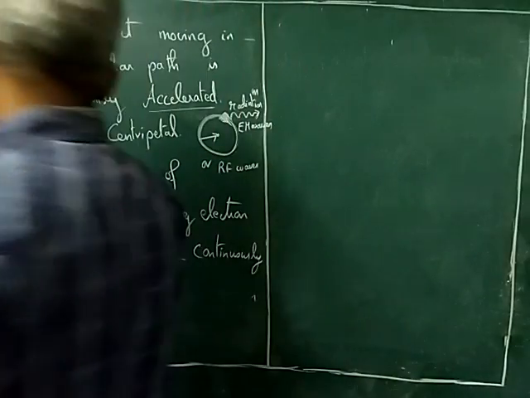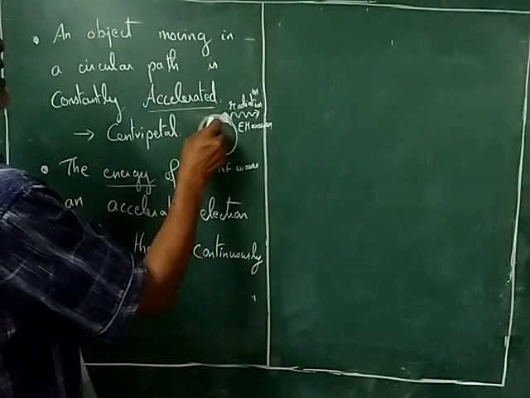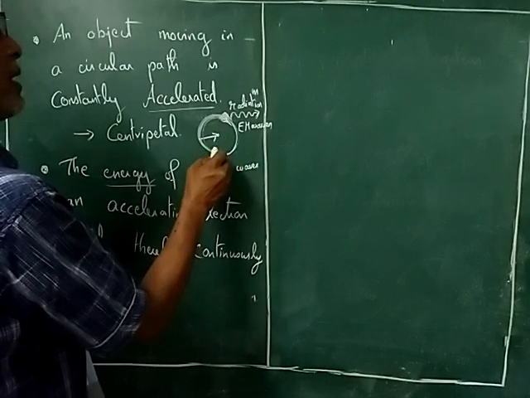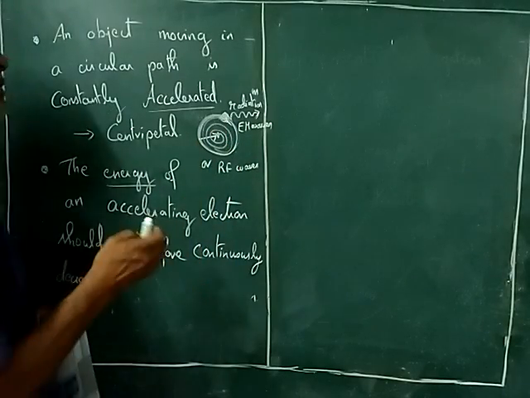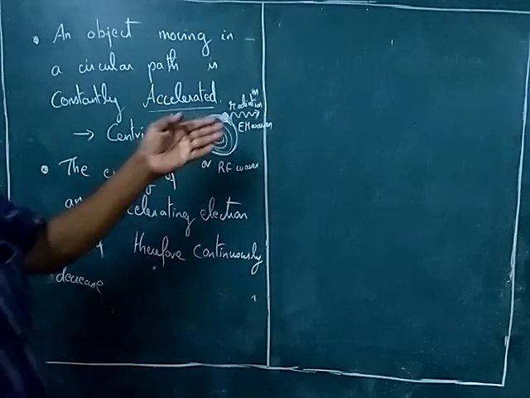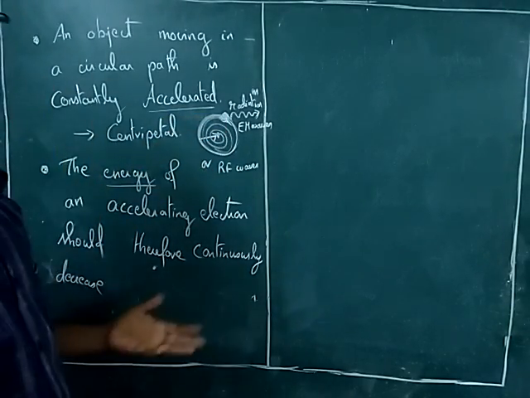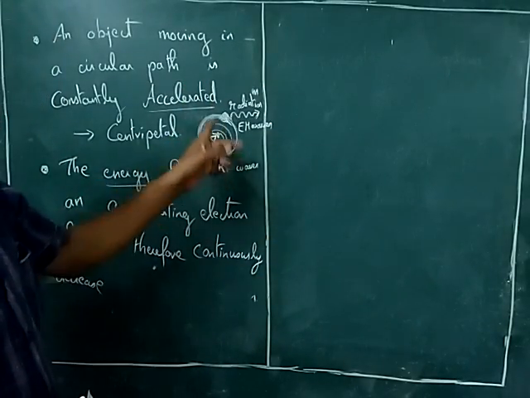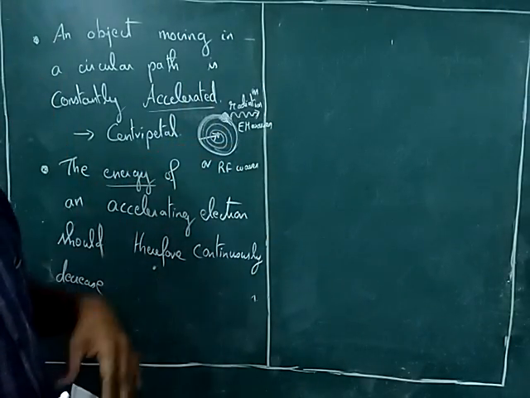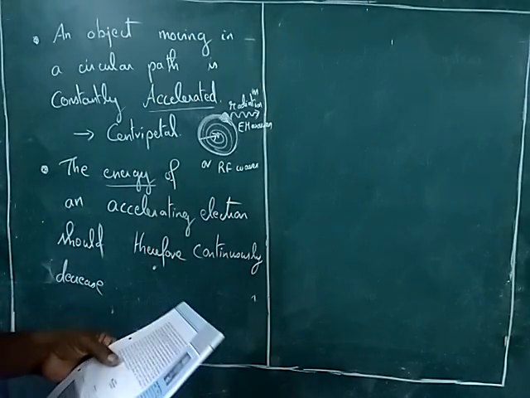Because there is a continuous loss in energy, it goes into a spiral path and finally moves into the nucleus. Because the electron is negative and the nucleus is positive, and there is a loss of energy because of radiation, it has to settle down at the nucleus, which is positively charged.